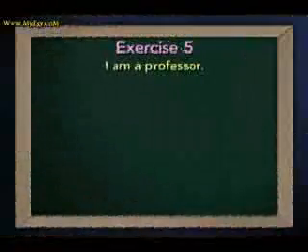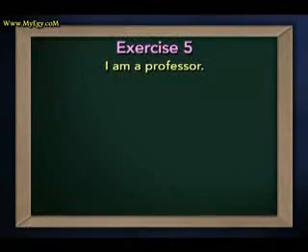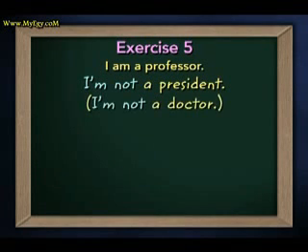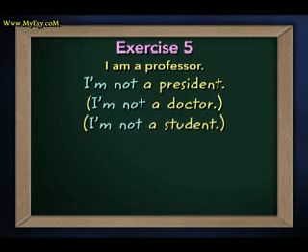That's great. Now let's prepare to do an exercise in the study guide. In this exercise, we combine contractions and negative statements. And you'll complete the negative statements with contractions. For example, I am a professor becomes I'm not a president, or I'm not a doctor, or I'm not a student.